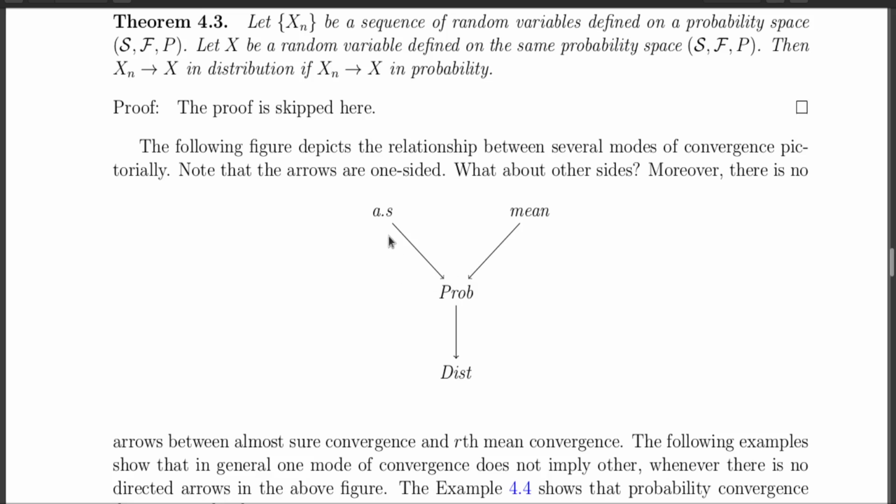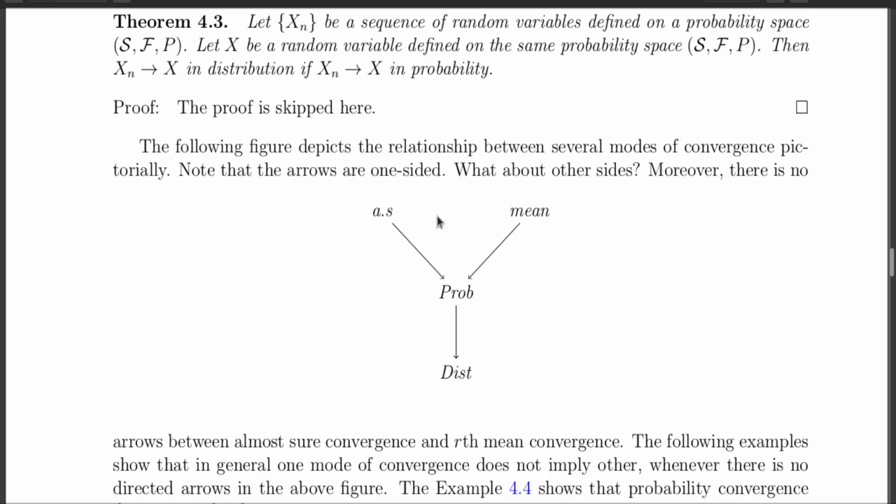Now notice that we do not have arrows in the other direction. For example, we do not have an arrow here. That basically means that in general probability convergence does not imply almost sure convergence. One such example we have already seen in example 4.4, where probability convergence is there, but almost sure convergence is not.